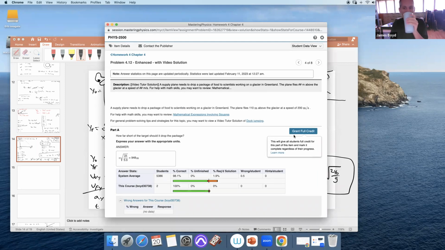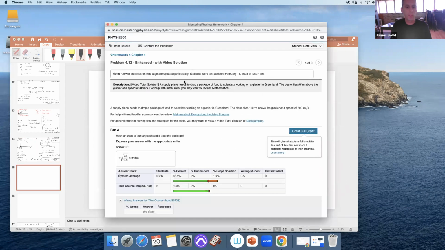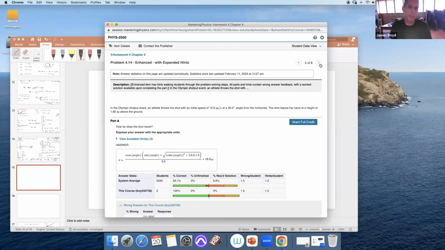It's a pretty easy problem. Once you know how to do these, it's not a lot of surprises. It's more about setting it up and then knowing how to go between x and y, knowing what x and y are. So our next one is an Olympic shot put.